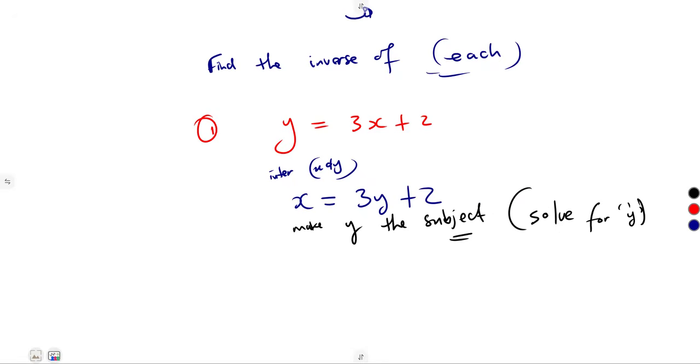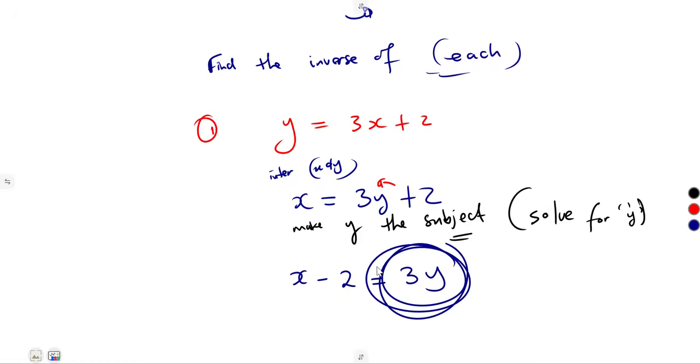So how can we solve for y in our equation? What is affecting y? There is a plus 2. So we're going to take it to the other side of the equation. So it'll be x minus 2 equal to 3y. Remember, we are solving for y. We need to know what is y in terms of x.